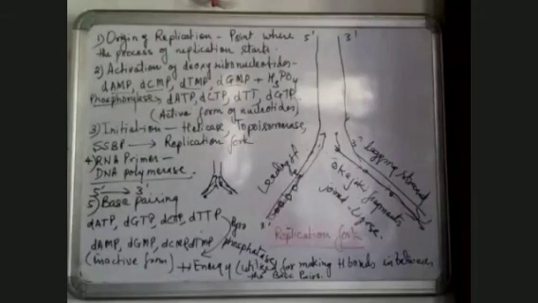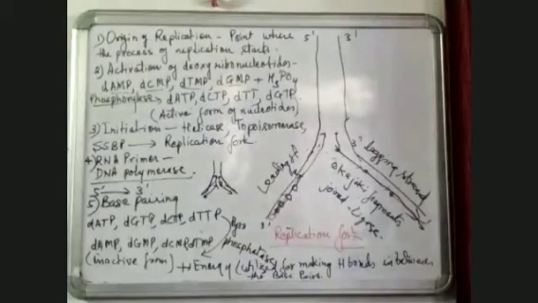This question is very important. Many a time it has been asked in the board. I have already told you this question many times. The replication fork also, I have asked you, today you are going to make the properly labeled replication fork. And then on your own, you can write the process also under these headings.